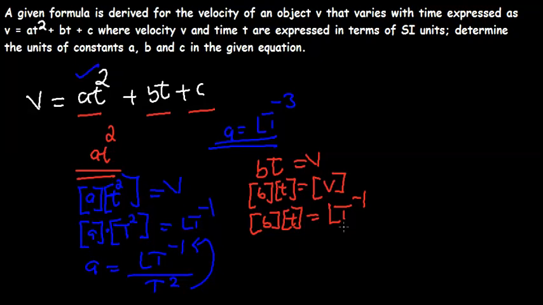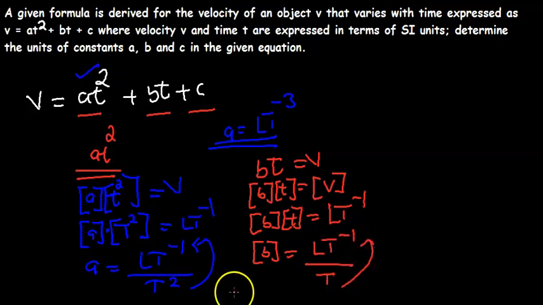We already know the value for T, and B is unknown, so B remains inside the bracket, and we are left with LT minus 1 divided by T. When this comes up here, 1 plus 1 is simply going to be 2. So B is simply going to be LT minus 2. Remember, for A, LT minus 3, and for B, LT minus 2.